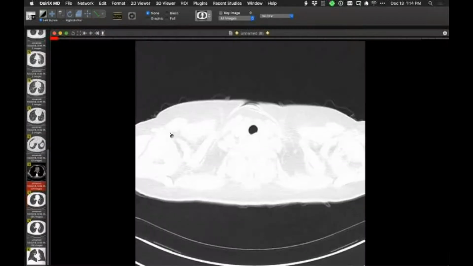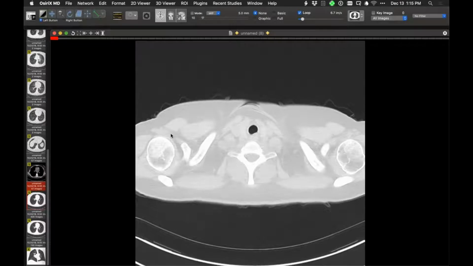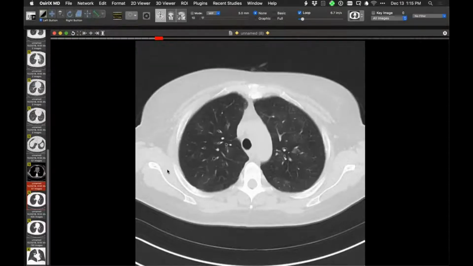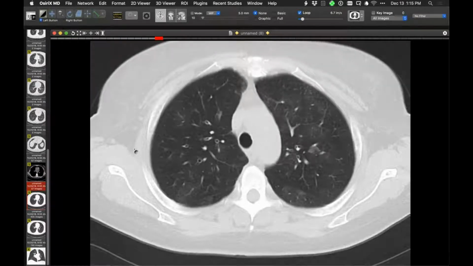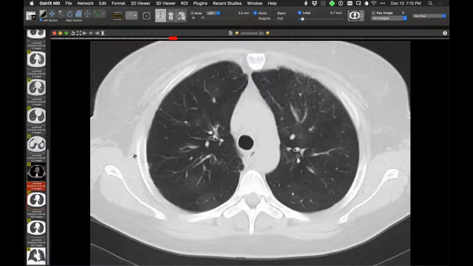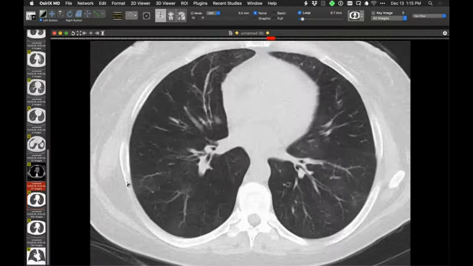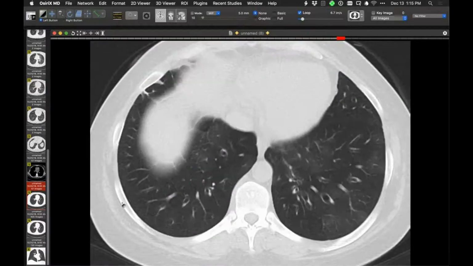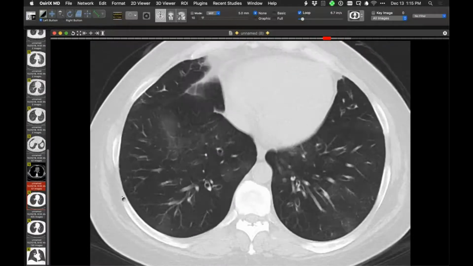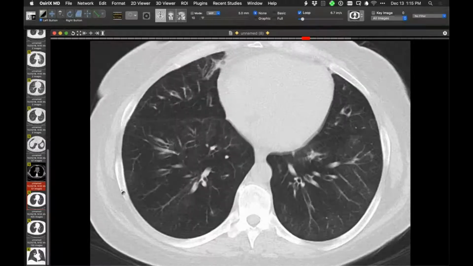And even on the thick cuts, you'll see that the findings of bronchiolitis obliterans are really dramatic. So it's super typical, severe, extensive mosaic attenuation. And the proximal airways, proximal generations like that are dilated. And this is pretty florid.